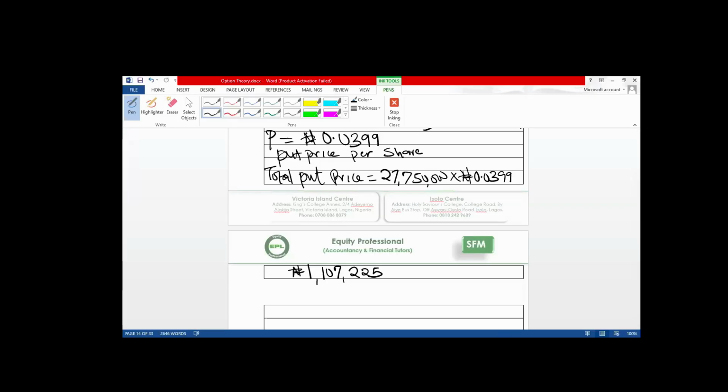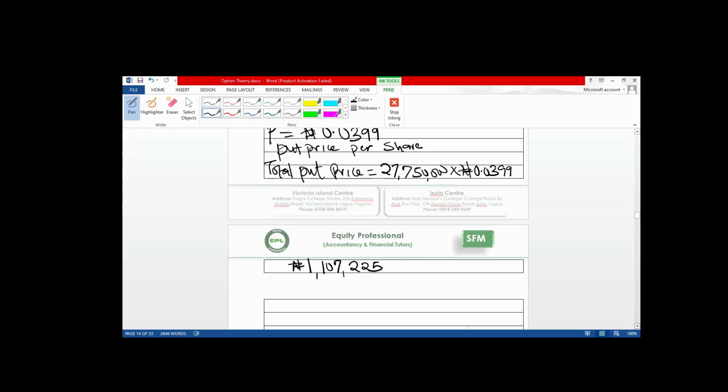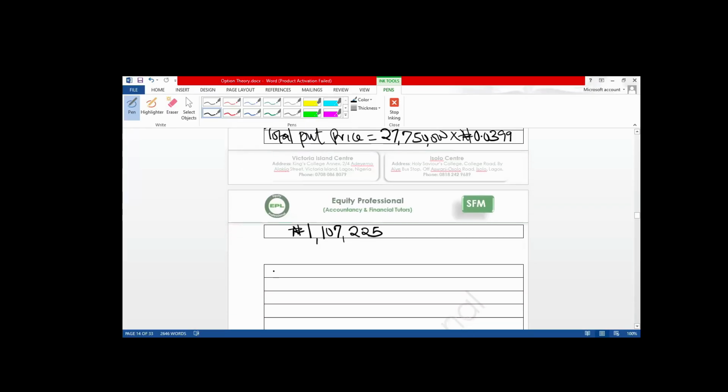How much is the merchant bank asking you to pay? 1,250,000. Now the question is, is the price the merchant bank is asking you to pay a fair price? No, it is higher.